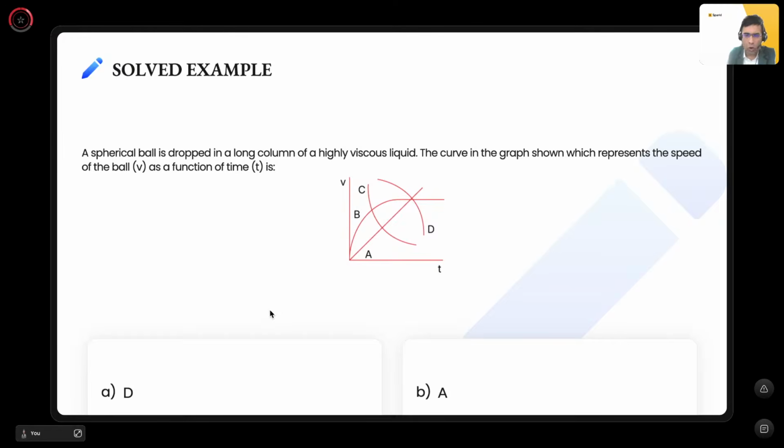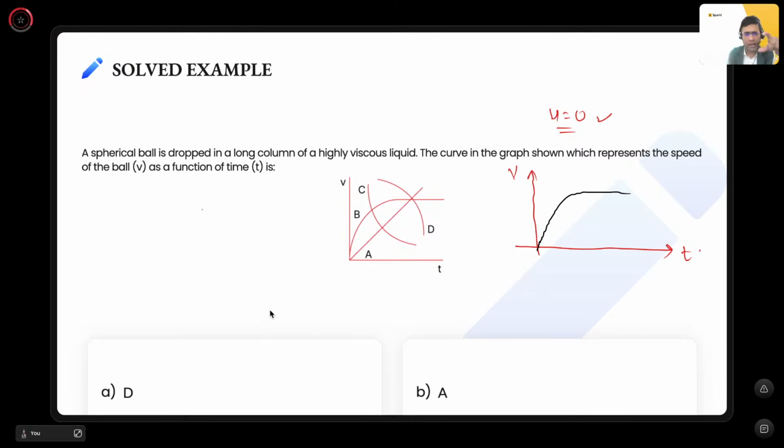So as you have dropped the ball, the initial velocity will be 0. And we know that when we drop a ball in a viscous liquid, gradually its speed will increase, and then it will attain a terminal speed or a constant speed. So the graph should look like this.